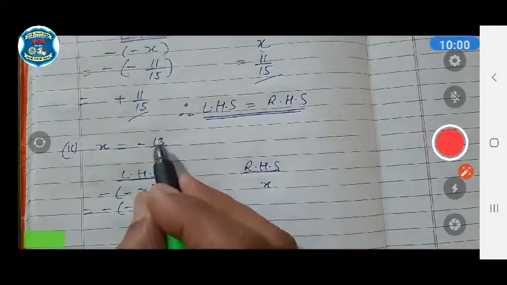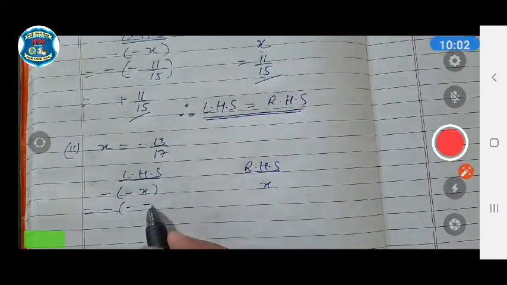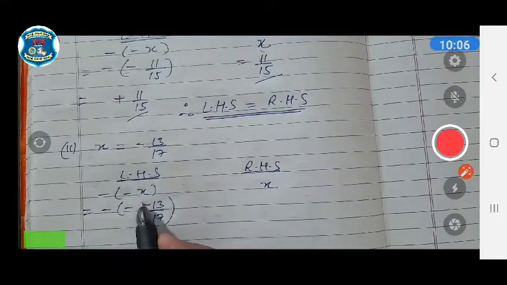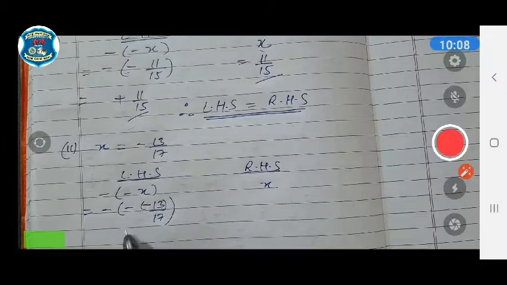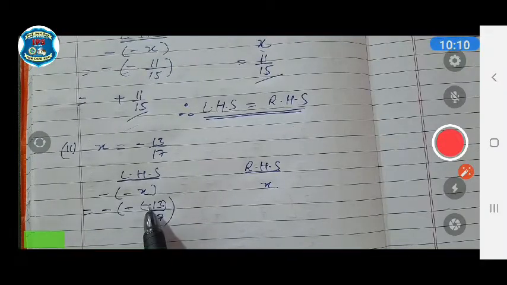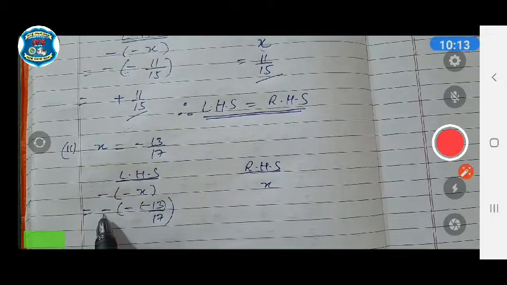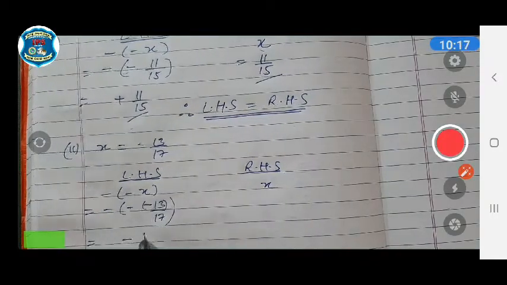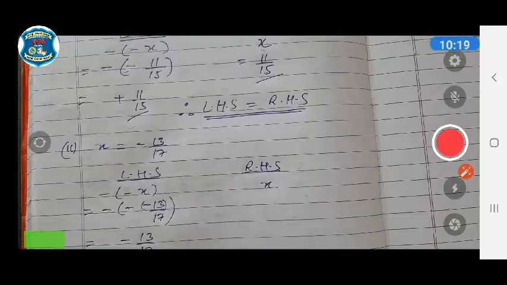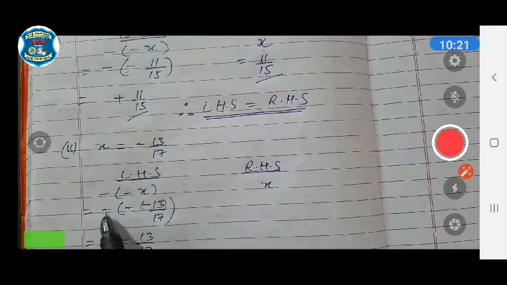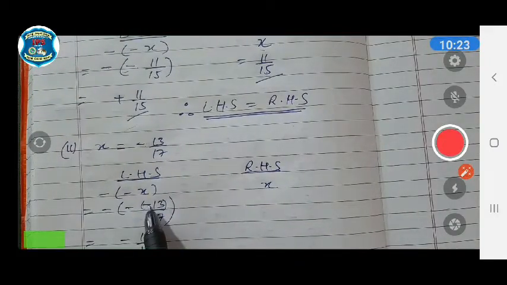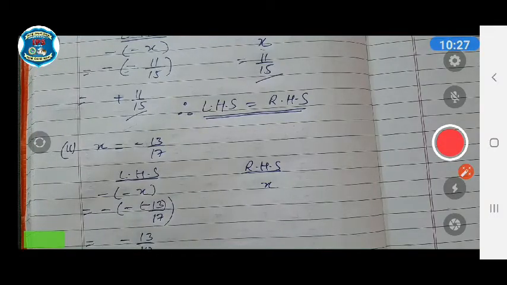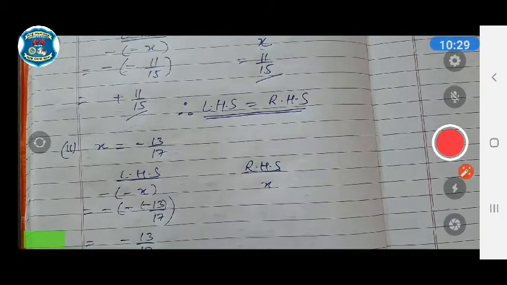X is minus 13 upon 17. So here you have to write minus 13 upon 17, and again you have to put a small bracket. Now minus minus is plus and plus minus is minus. So ultimately you will get minus 13 upon 17. Again check, minus minus is plus and plus minus is minus. So ultimately it is minus 13 upon 17. This is the value of left hand side.